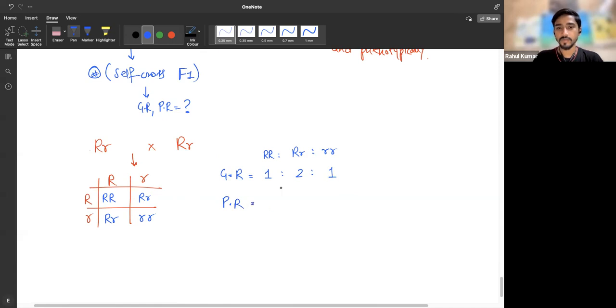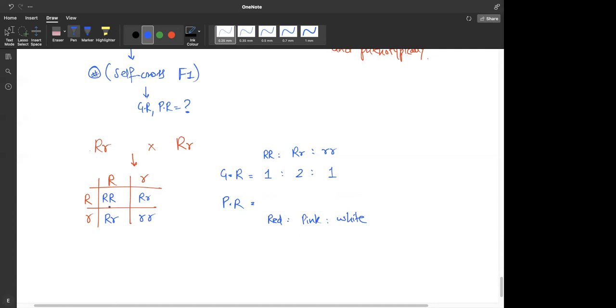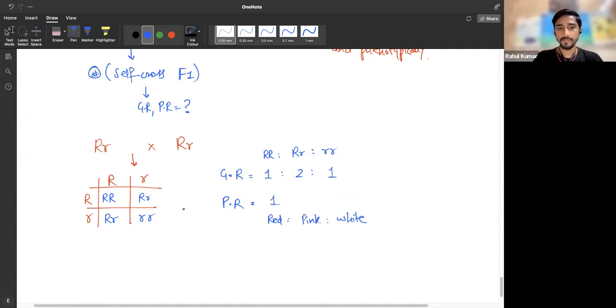If you see the phenotypic ratio, earlier there were only two possibilities, red and white, following Mendel's law. Now there is a possibility of red, an intermediate which is pink, and white. How many of them are red? Only one. How many are pink? Two. And how many are white? One.